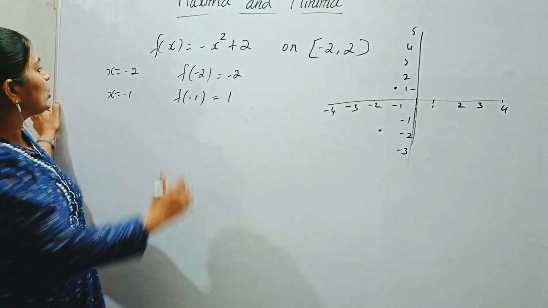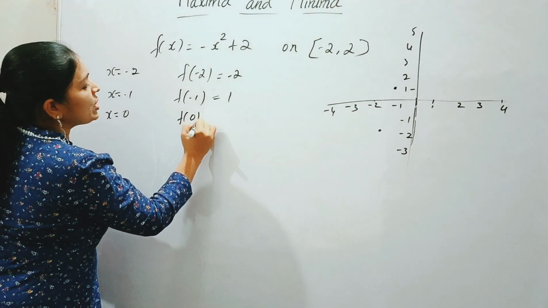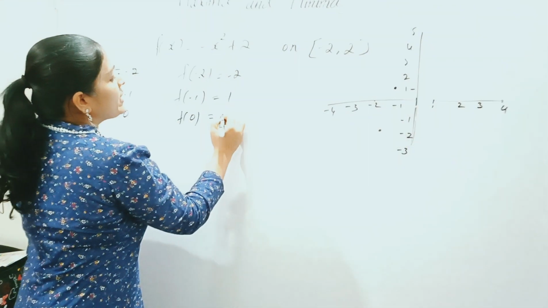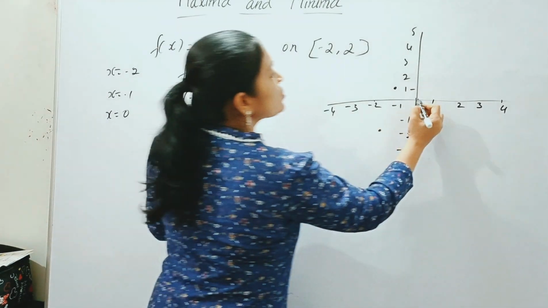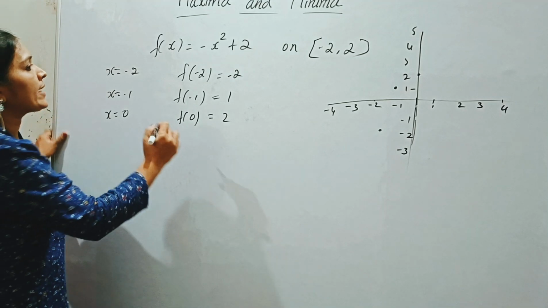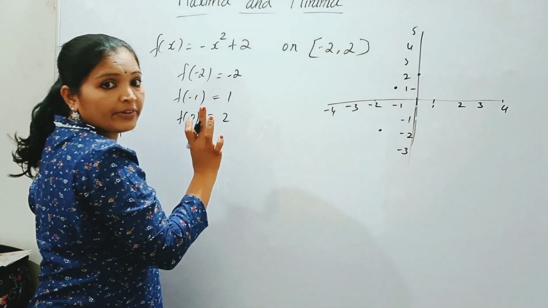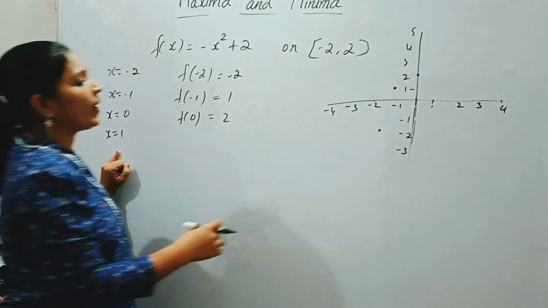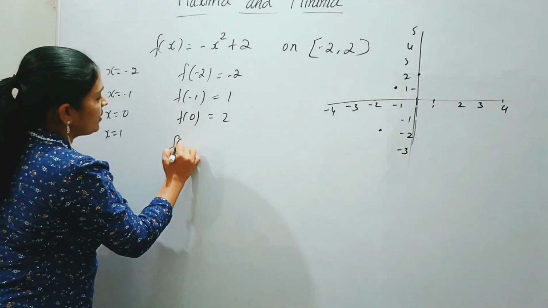Next I will take x is equal to 0. F of 0 is nothing but 2. So f of 0 is equal to 2, here it is the value. Then when x is equal to 1, all these values are included in this interval. When x is equal to 1, what is the function value?